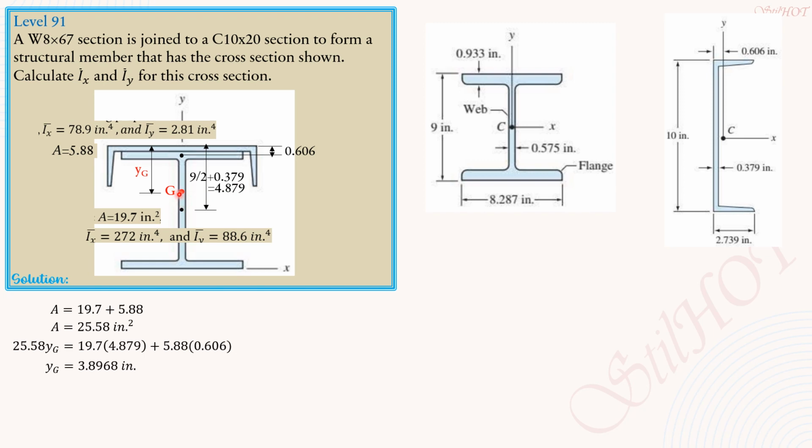Then we can now compute IGX, or I bar x. We transfer the moment of inertia of each section. This distance is 4.879 minus YG. So IGX, or I bar x, equals I bar x of the wide flange, which is 272, plus its area 19.7 times the distance between this centroid and that centroid, 4.879 minus YG, 3.8968, quantity squared.